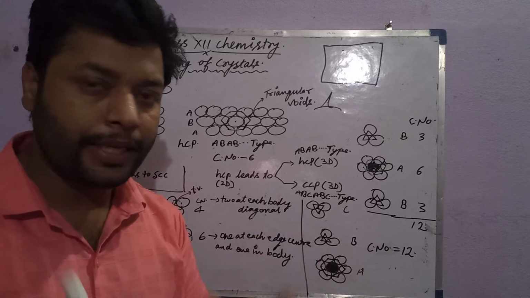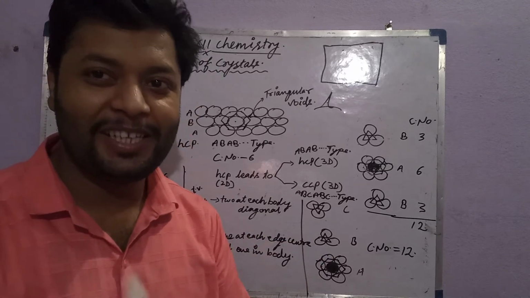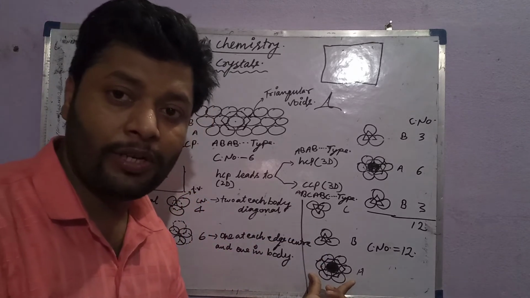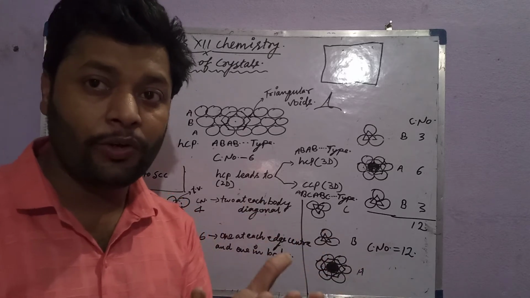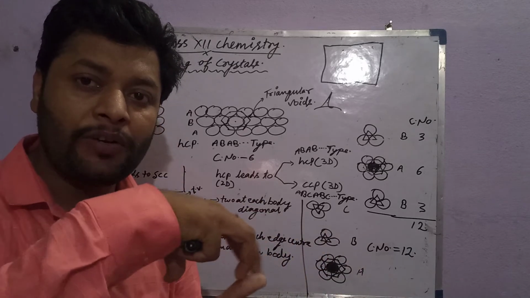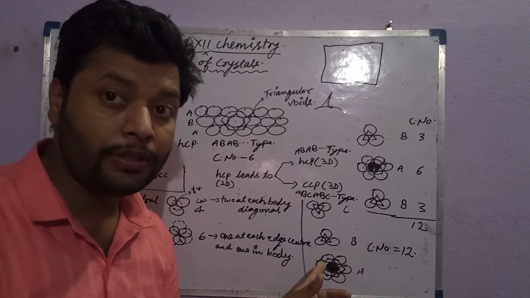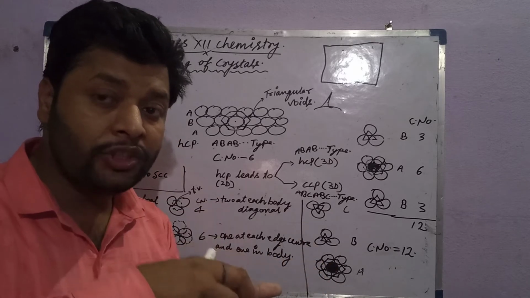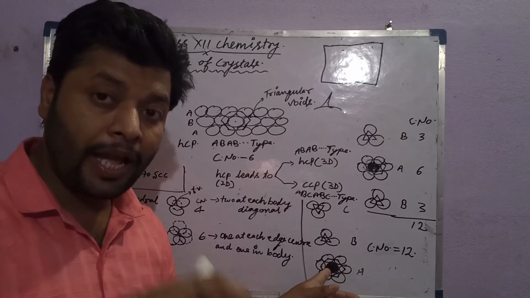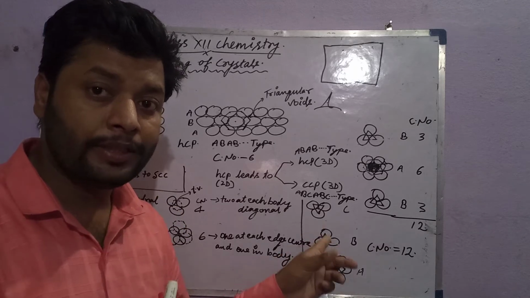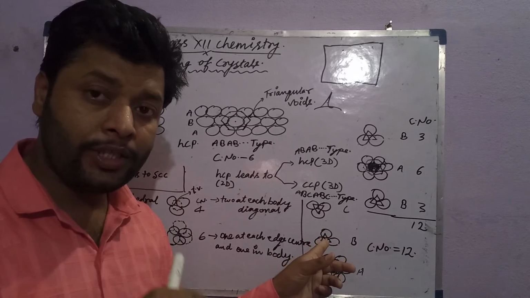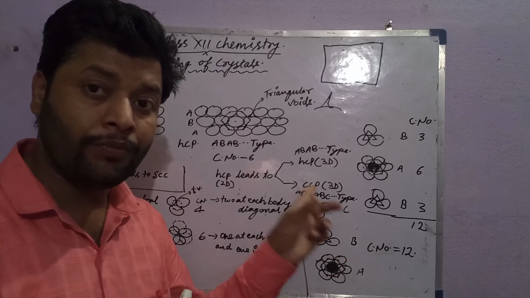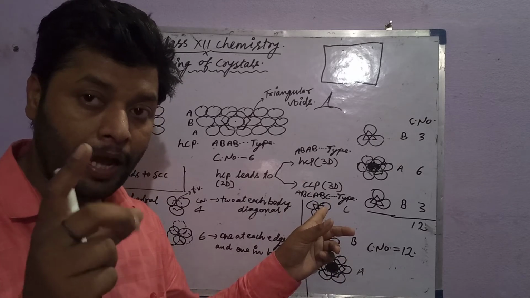I repeat it once again because this has become complicated now. Suppose the first layer is hexagonal close packing. The center particle is surrounded by 6 particles, you can see on the board. Now the whites generated on this layer are occupied by the second layer, and the whites generated in the second layer are occupied by the third layer. Have you got it?